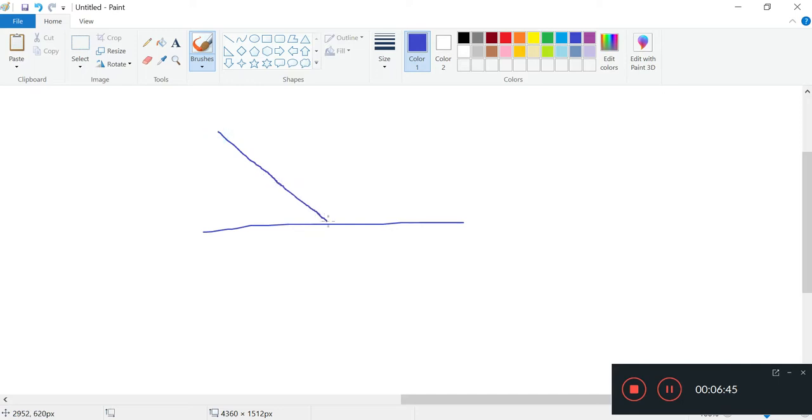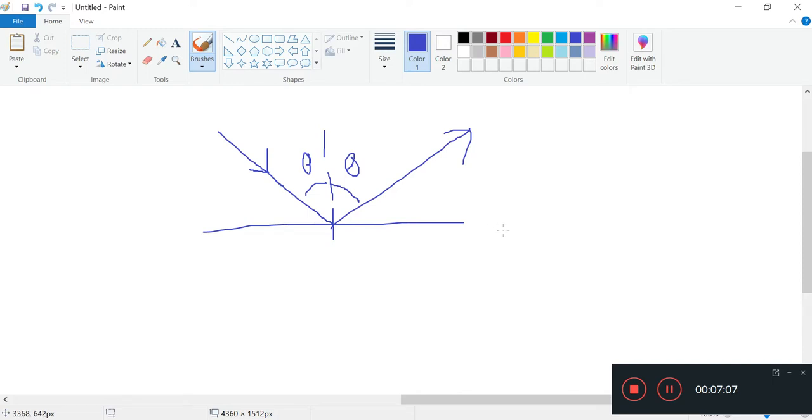If you have an incident beam of radiation here, this is optics: the beam coming in will go off at exactly the same angle. I'm not drawing to scale here, but this is a flat surface. If the radiation is coming in like that, it will scatter off at the same angle.